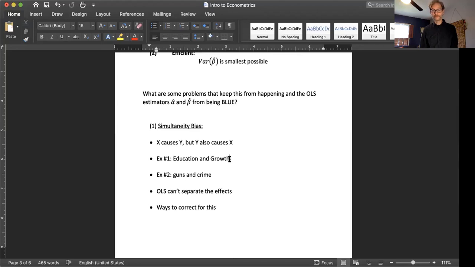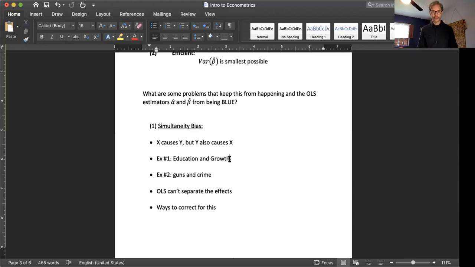Do more guns lead to less crime or more crime? It's really hard to say, because having more guns might impact the amount of crime, but then the amount of crime might impact how many guns people own. The basic problem here is that ordinary least squares can't separate the impact of X on Y and Y on X. There are ways to correct for this, and those ways are beyond the scope of our lecture today.